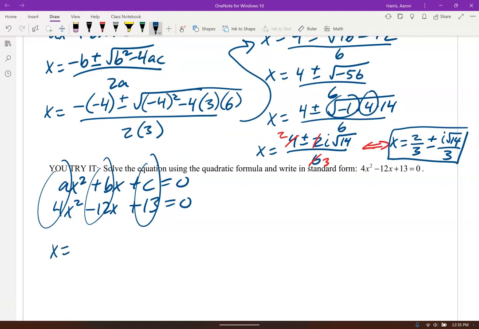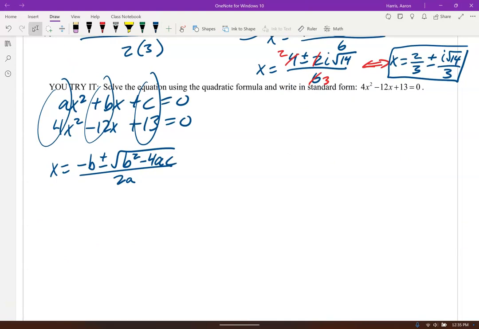I can plug it into my quadratic formula, and if you love to sing the song, you can sing the song. x equals negative b plus or minus square root of b squared minus 4ac all over 2a. I will never do that again, but now you've heard it. Hopefully you can remember the quadratic formula there.